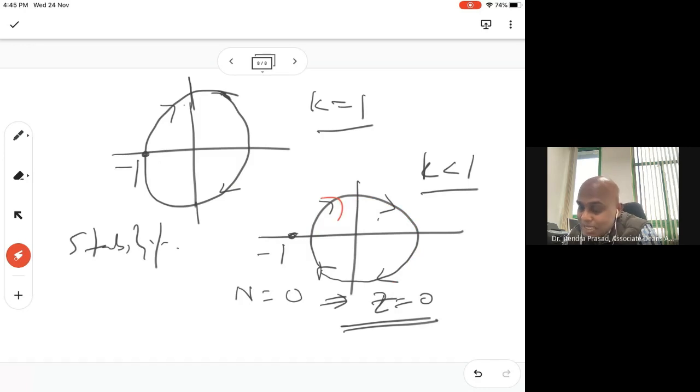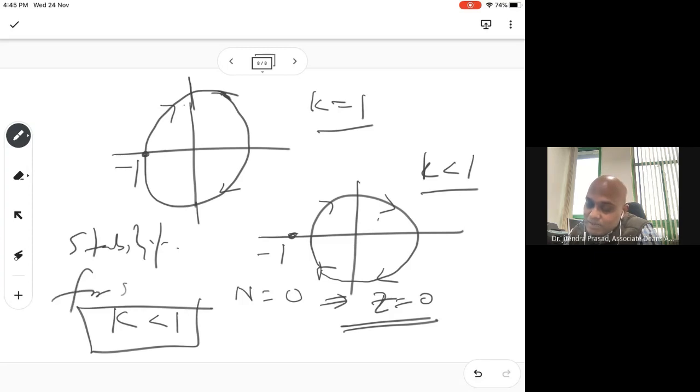The moment the radius reduces, this will not enclose -1, and in that case N will be 0, and hence the number of zeros will be 0, hence the system will be stable. So for stability, you can guess from here that K less than 1 for stability. This is how you do it.